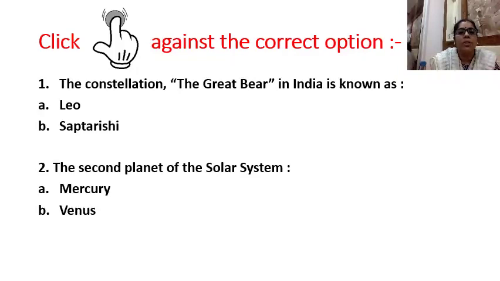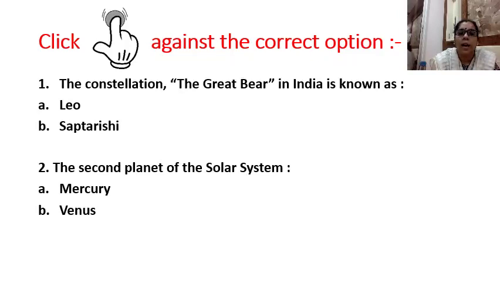The constellation, the Great Bear, in India is known as, 2 options are given, Leo, Saptarishi. You have to name the following sentences. Now, how will you name it? Which is the correct name, Leo or Saptarishi?